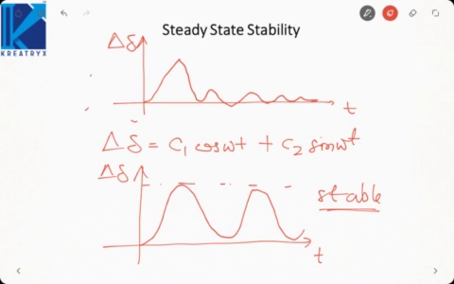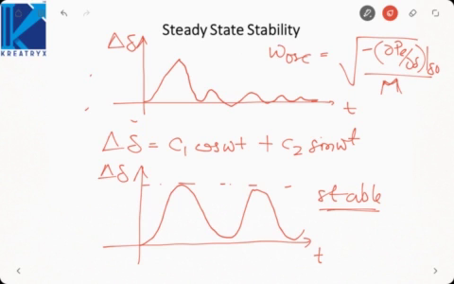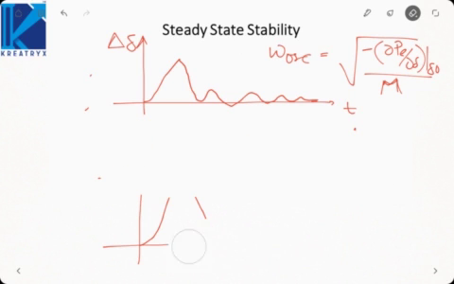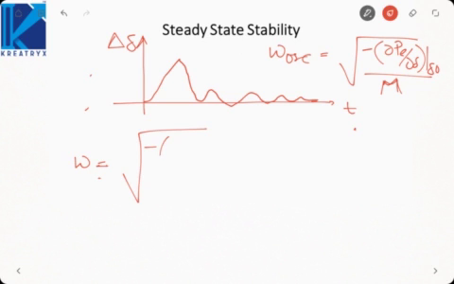Now here the frequency of oscillation is given by ω, which is equal to under root of minus ∂P/∂δ at δ0 by M. This formula can also be written in terms of H. Then how will it be? Minus ∂P/∂δ, where M can be replaced by GH/πf.